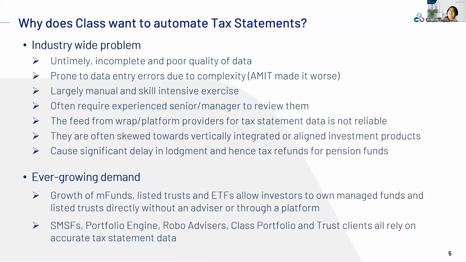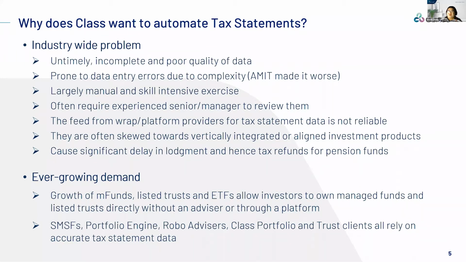It is often considered as the last step for end of financial year administration processing, but it's a bottleneck due to untimely and very poor quality of data. It's also prone to data entry errors. Largely, it's a very manual and skill-intensive process, often requiring experienced senior accountants and managers to review those tax statements.